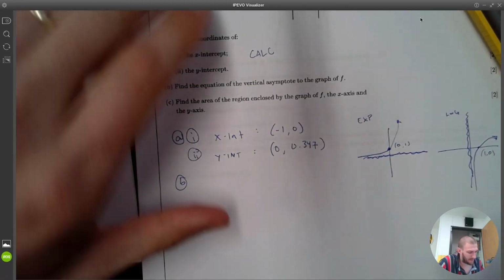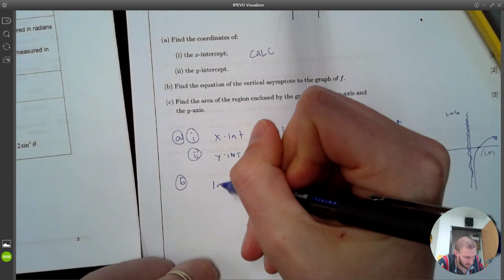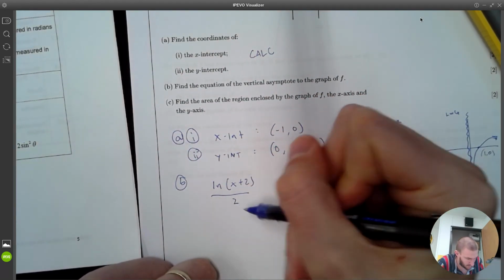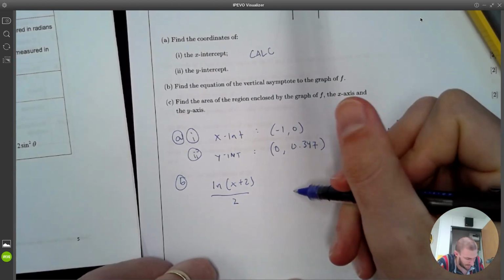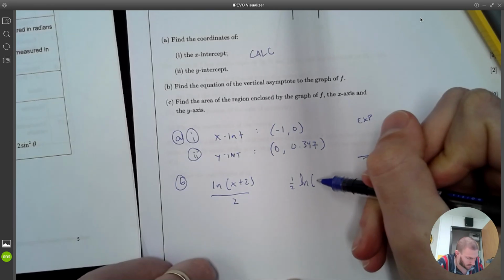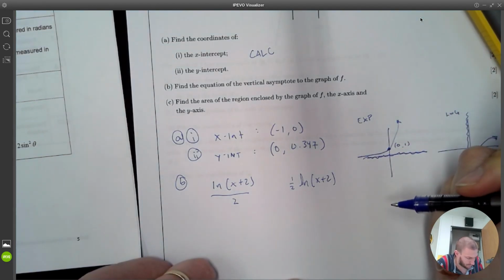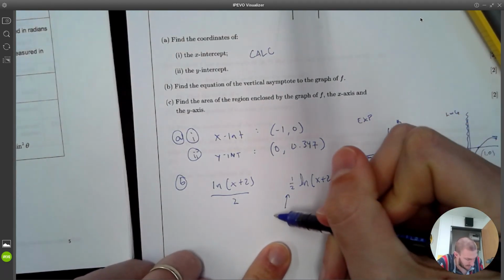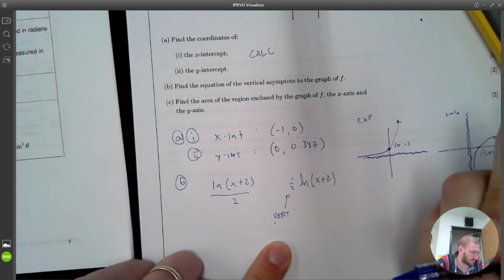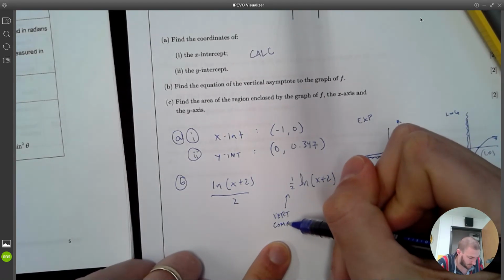And then, if I consider my equation, the natural log of x plus 2 over 2, I could also think about that as like 1/2 the natural log of x plus 2. And so this is going to be a vertical stretch. Really, it's going to be more like a vertical compression.